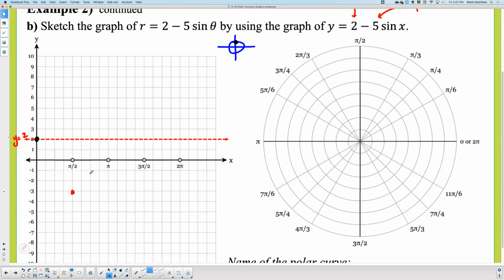Now, when will sine return back to its midline? When does sine get back to its 0 value on the unit circle? At pi. So at pi, it gets back to the midline. Let's put another dot there. Now, when does sine normally get to its minimum? 3 pi over 2.